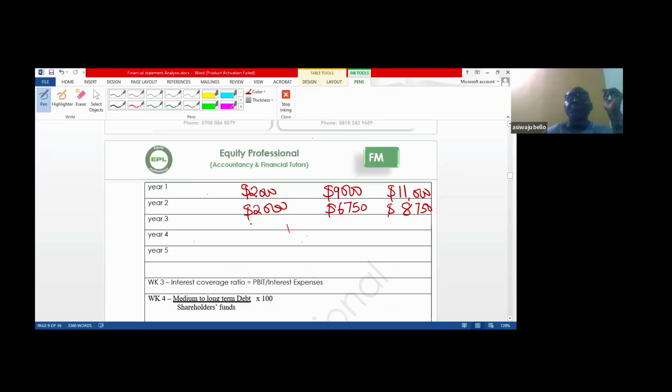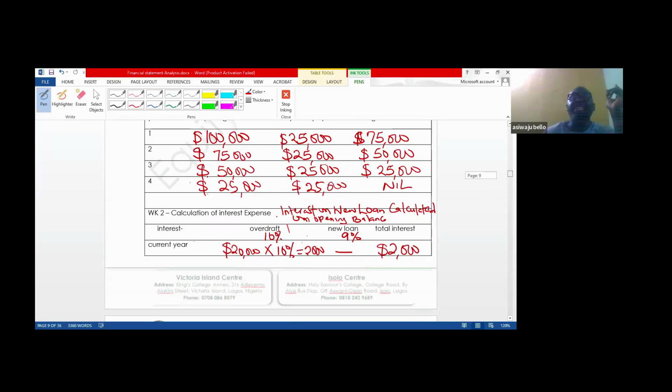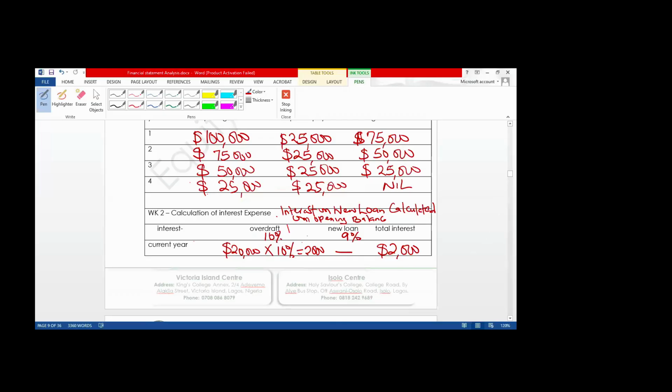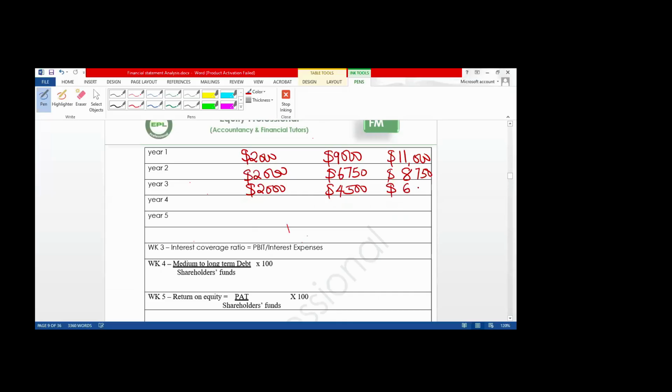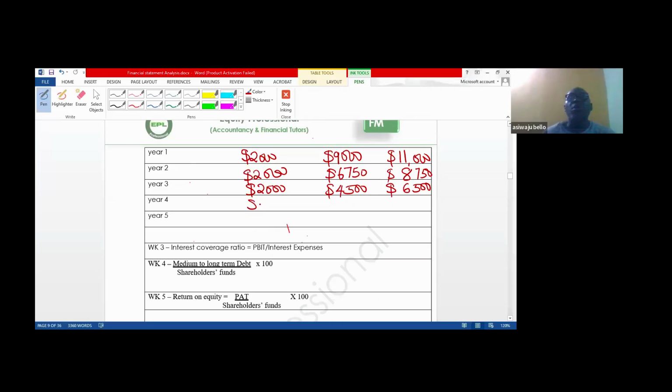We move to year three. Interest here is 2,000, bank overdraft. Now, interest on new loan, opening balance. Year three, $50,000. 9% of 50,000 is 4,500. Total for the year, 6,500. Year four, bank overdraft interest will not change.